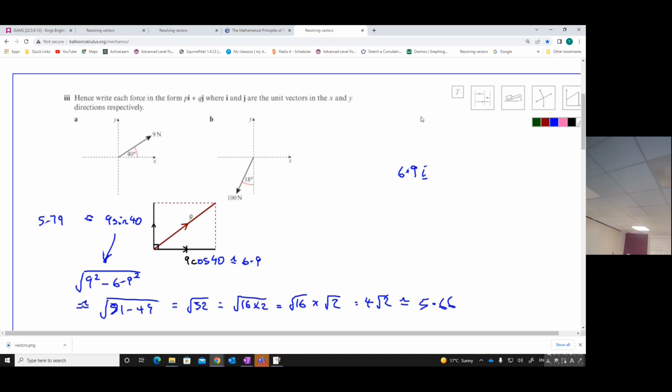The thing with vectors, you need a way of indicating that you're talking about a vector, but what you don't want to do is to try and make it noticeably bolder than your other writing. You might think I didn't do too badly there, but you can see it's going to be pretty messy. Your work is going to be messy if you try and make your handwriting bold like printing is bold. So we use this convention, and you would say 6.9i plus this much, 5.79j.